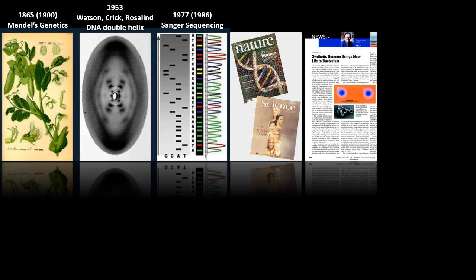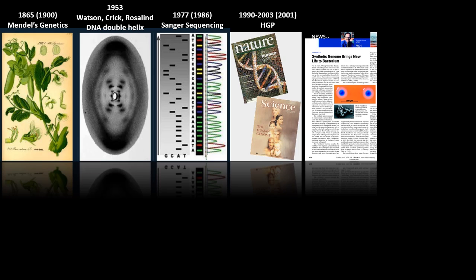The first commercial DNA sequencer by Applied Biosystems in 1986, based on the method invented by Frederick Sanger in 1977, allowed the beginning of the Human Genome Project in the 1990s, completed in 2003. The draft was published in 2001.